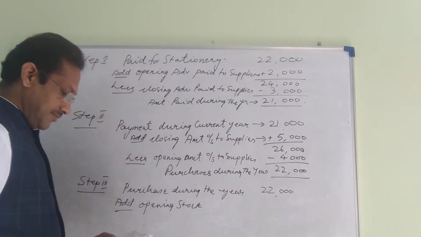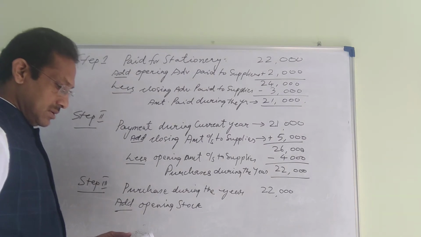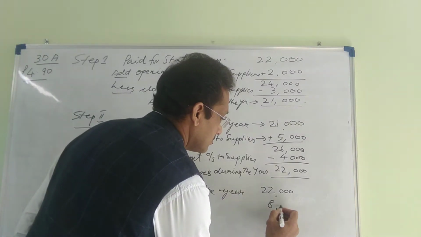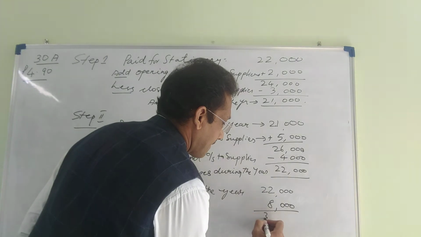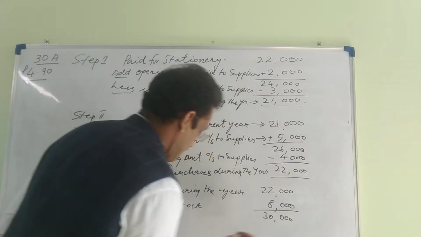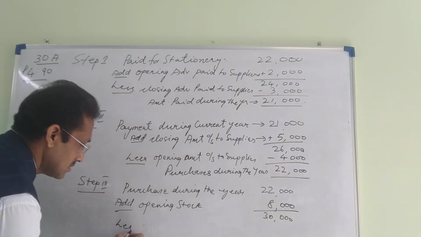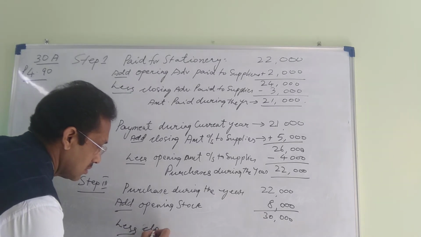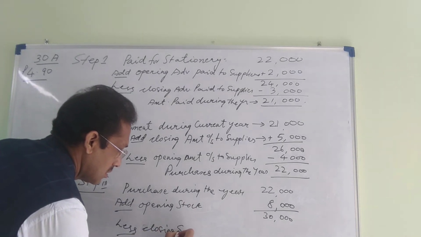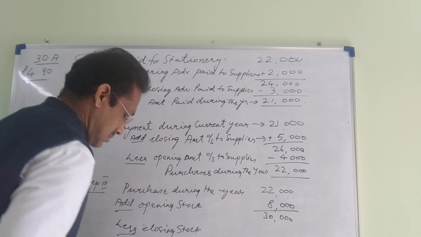Opening stock is 8,000 and less closing stock.